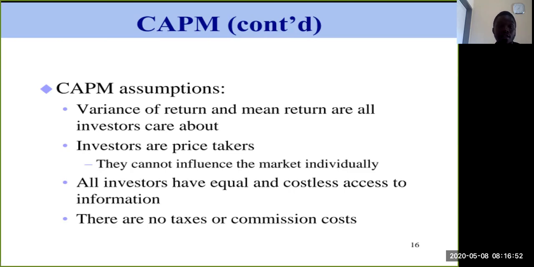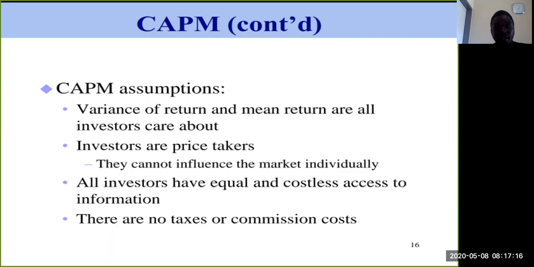Hence, the variance and the mean are the things investors care about, because they show the investor how much a given security is dispersed or spread from the mean, and hence they show the level of risk through the data.